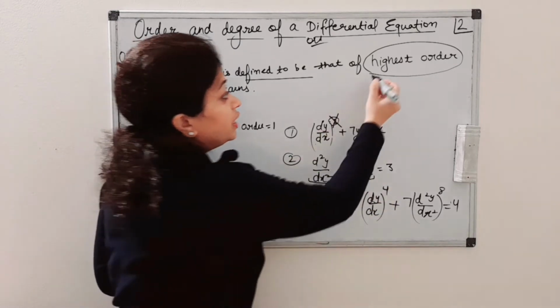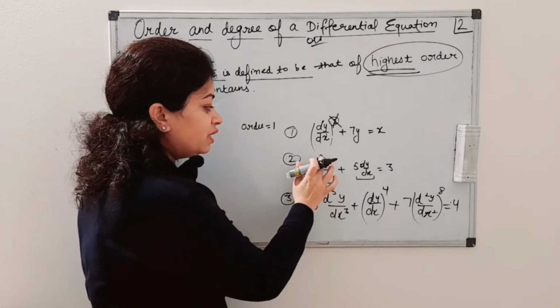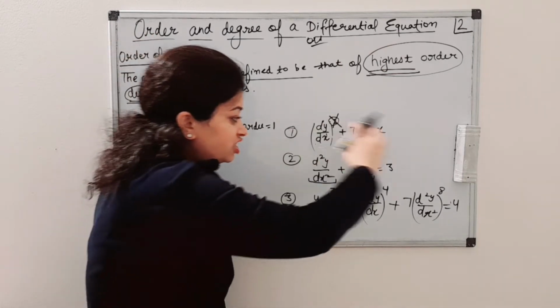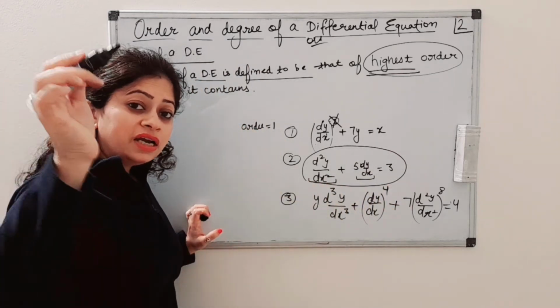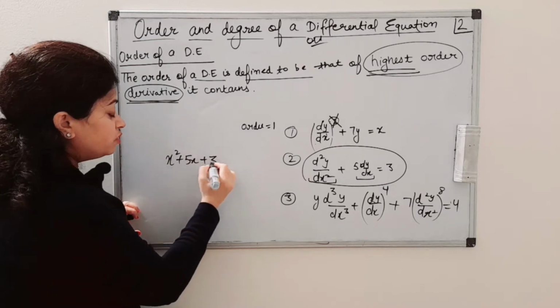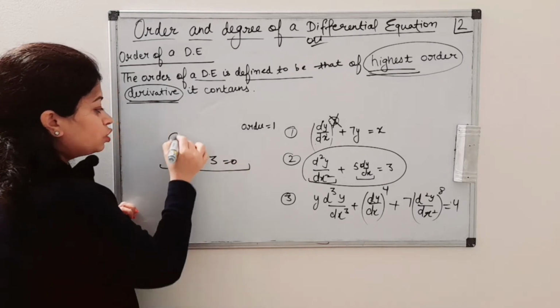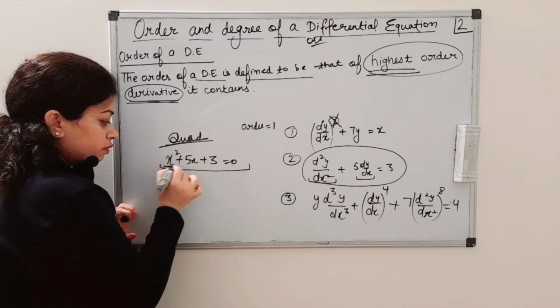In the second, we have one second order derivative and one first order derivative, but we need to see the highest order derivative. What is the highest order derivative? 2. Like we were studying the equation 5x square plus 5x plus 3 equal to 0, we say it is quadratic. What do we see? We see the maximum power.